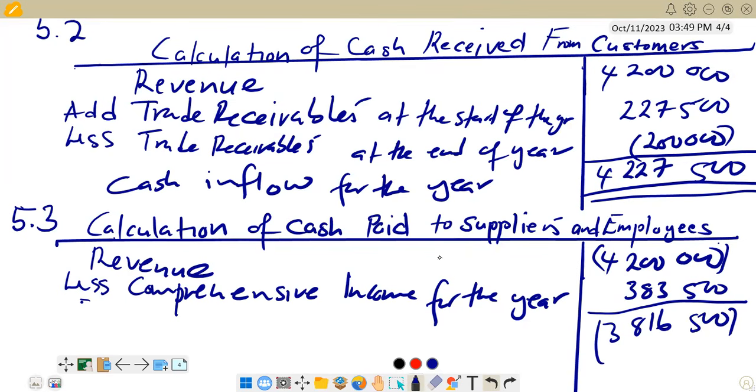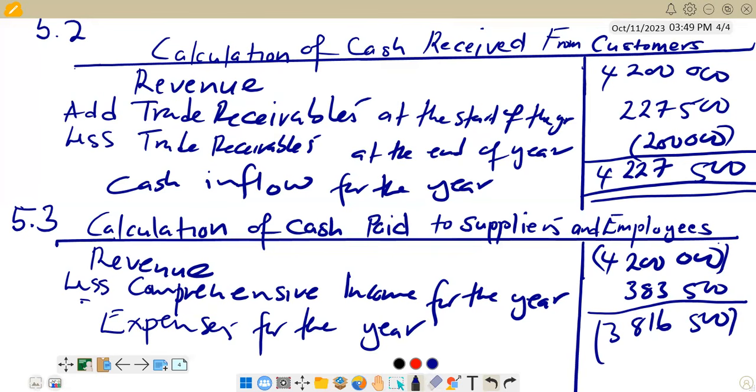And that figure that we get there, we are going to call it expenses for the year.